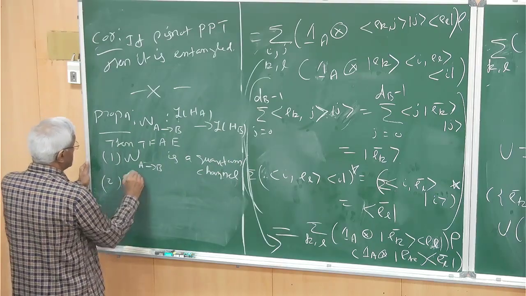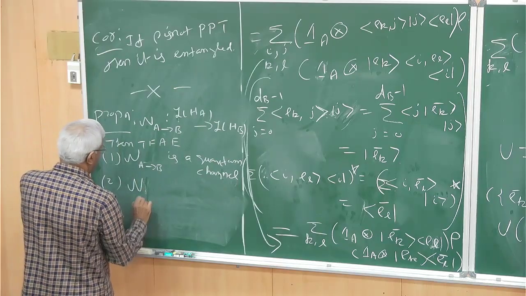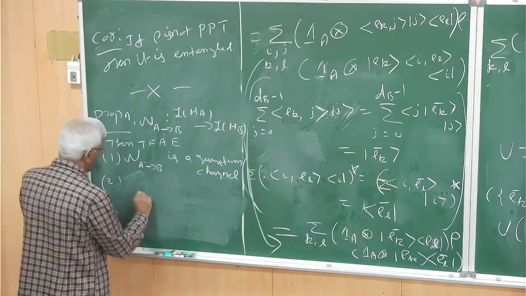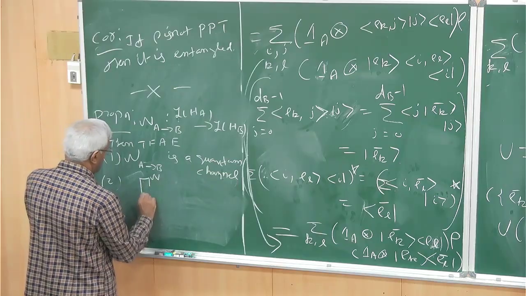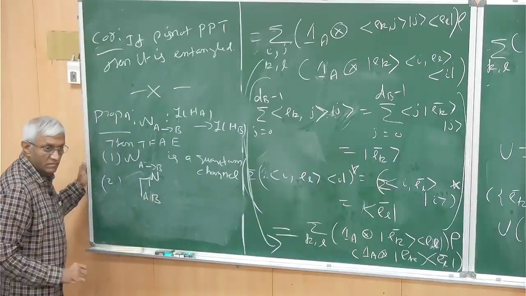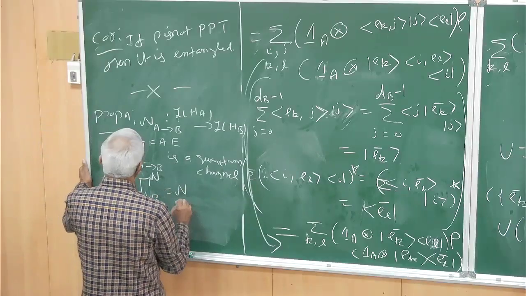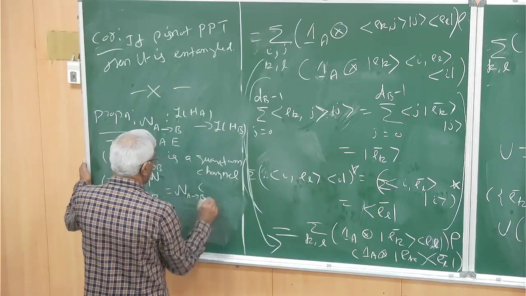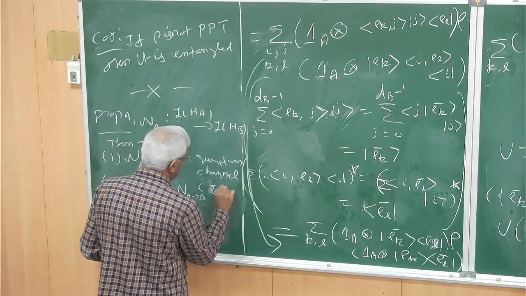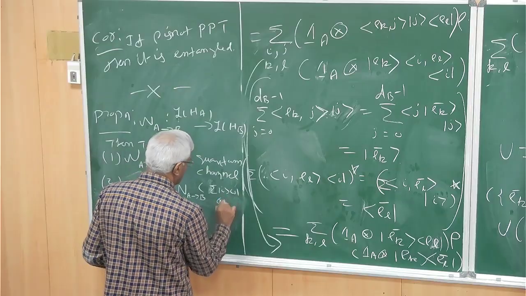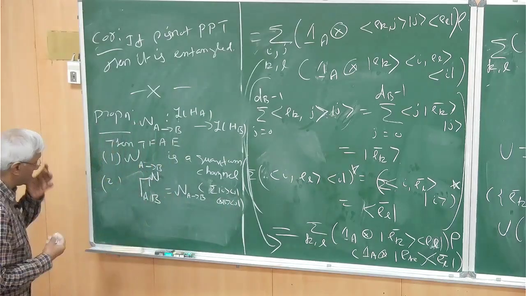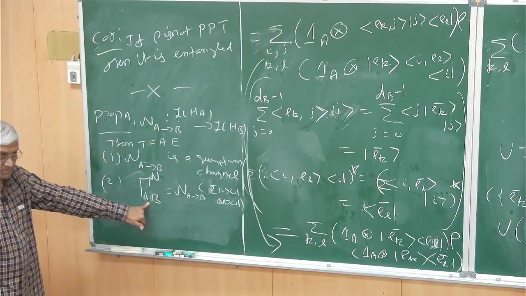Two: we have defined a matrix which we call gamma of N from A to B. Gamma AB is N from A to B acting on the sum of matrix units |i><j| tensor |i><j|, which we call gamma N AB. This is not a state.